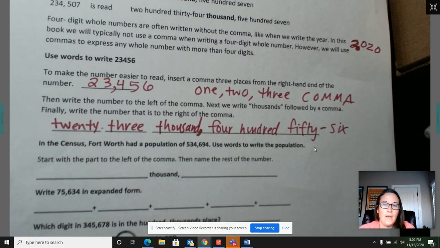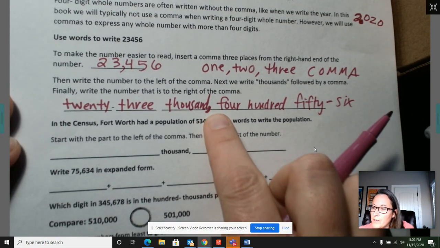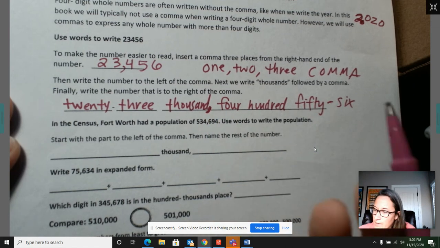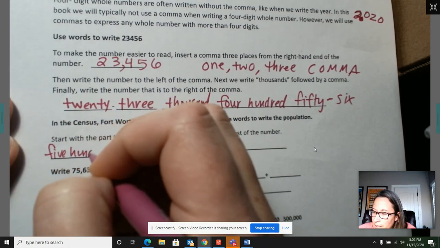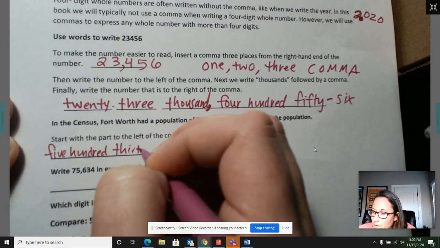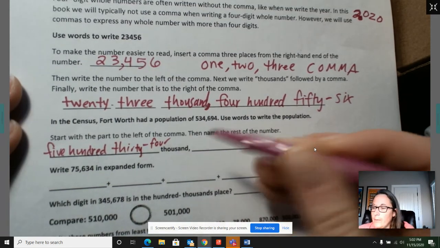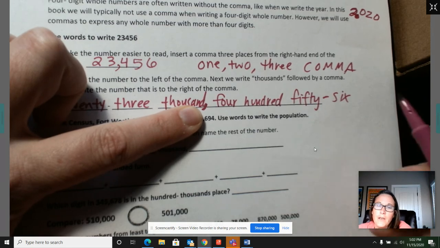All right, that's how many people. Let's see. We got to write it in words. So 534,000. And there's your comma. And then on this side, we have 694.